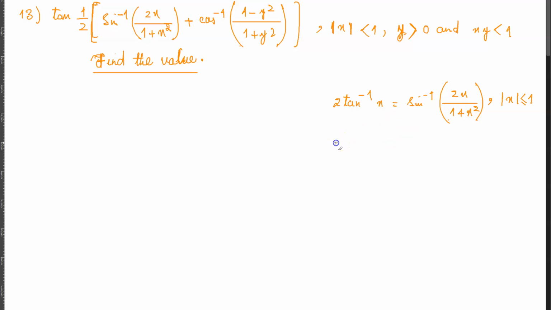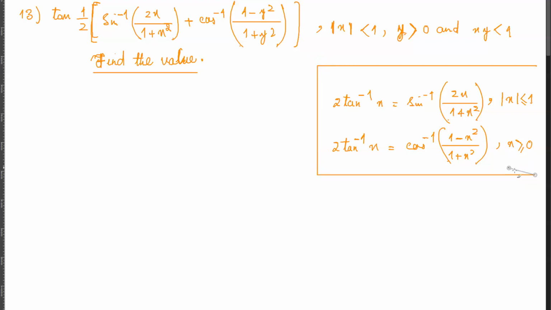And also we said that 2 times tan inverse of x is equal to cos inverse of 1 minus x squared over 1 plus x squared, right, for x greater than or equal to 0. So we said that these two results were true, right?